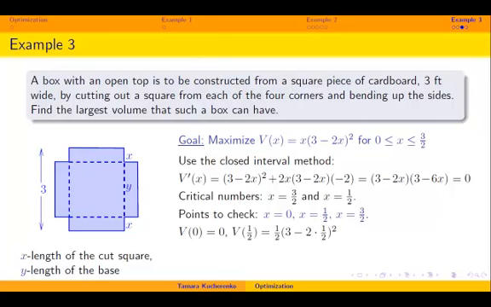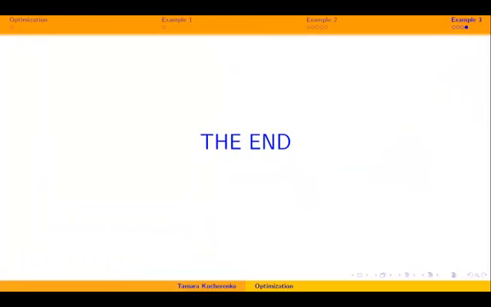V of 1/2 equals 1/2 times (3 minus 2 times 1/2) squared equals 2, and V of 3/2 is again 0. We conclude that the maximal volume of the box is 2 cubic feet. This is the end of our lecture.